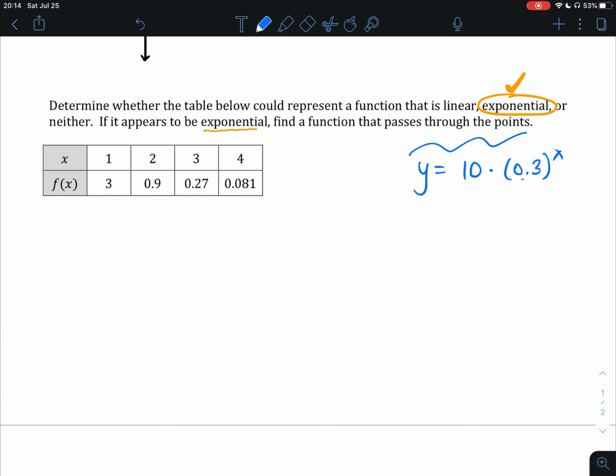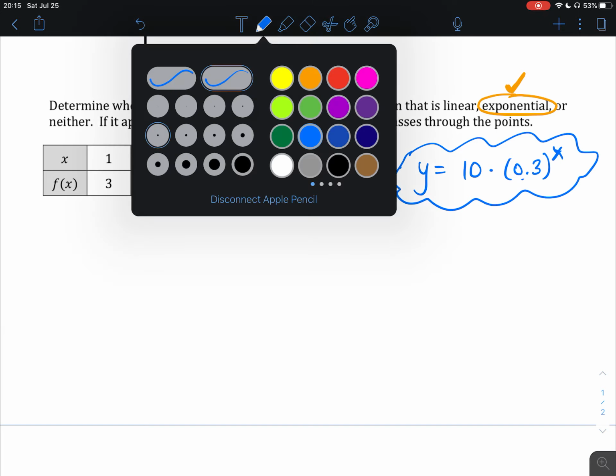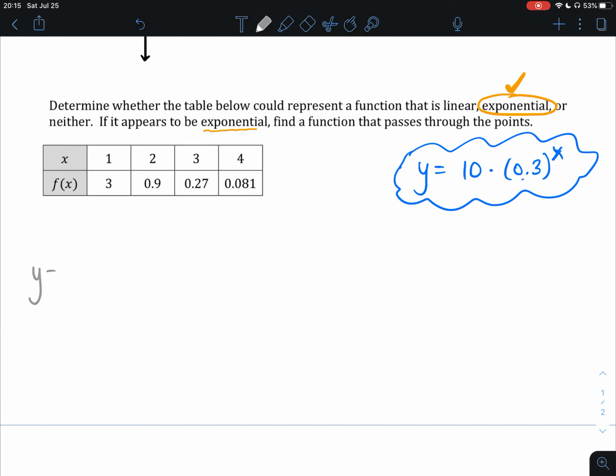Okay, so this is our goal. With this other way, we're going to use that same structure of y equals ab to the x, and we're going to steal two data points from our table here. So let's grab 1, 3.